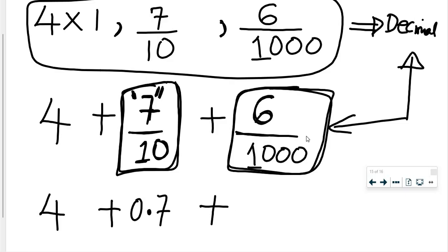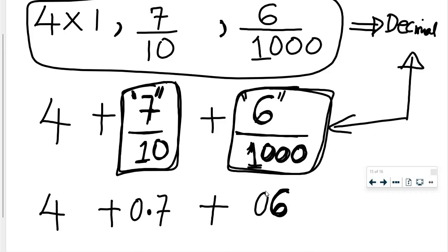this is a fraction which is upon 1,000. That suggests your answer will have 3 decimal places. So what do we do? Copy paste this number 6. This 6 is counted as one of those 3 decimal places. Where do we get the other 2?